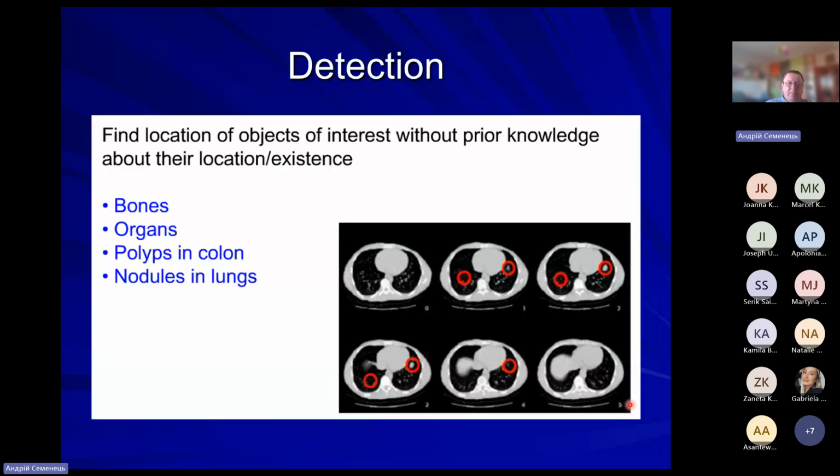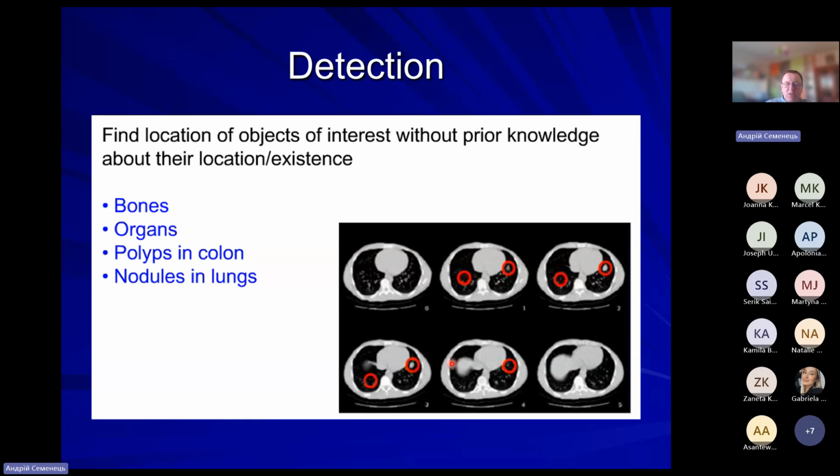Detection is the next stage after segmentation: finding the location of an object of interest without prior knowledge about its location or existence. The most common case is an attempt to identify potential pathological elements, or things which should not be here, for example.